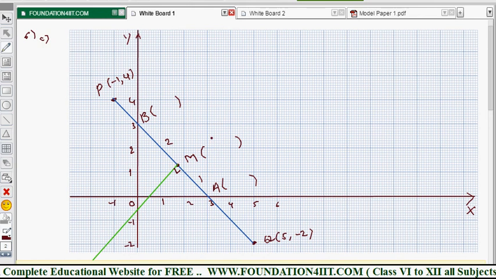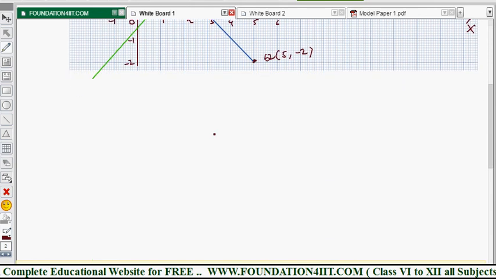Now let us solve the problem. This is the question. Let P be minus 1 comma 4 and Q be 5 comma minus 2. So for the equation of PQ, if you know the two points you can find the equation of the line.